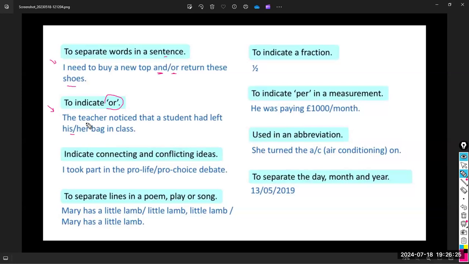The example is saying: the teacher noticed that a student had left his or her bag in the class. So notice that in writing, you have to write slash, but in speaking, you have to say what? Or. Exactly. And you know what? If you want to write or instead of slash, this is correct. This is not wrong.